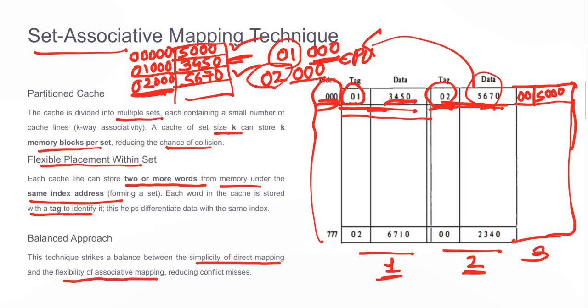So at that particular index, along with the tag, we store the data. And then we have set associative mapping, which is a combination of associative and direct mapping. Here we divide the memory into sets, so at the same index we can store multiple data with different tags. I hope you understood this. So this is about mapping.